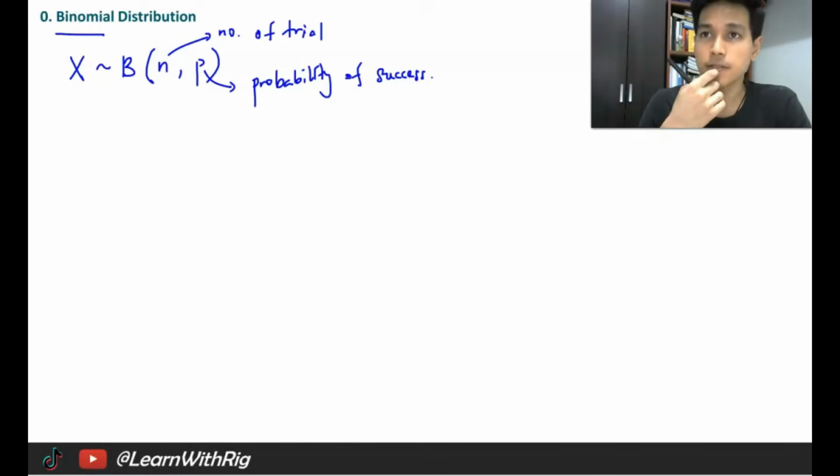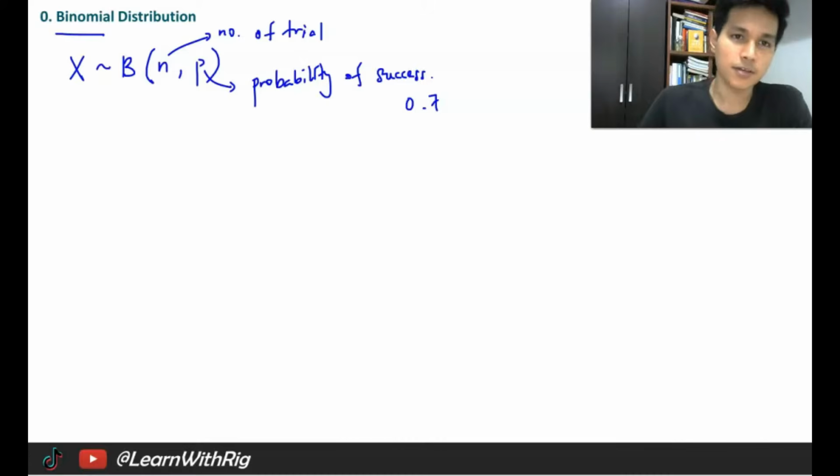Let's say based on probability 70% get A. So the probability of success is 0.7, because 70% means 0.7, right? That means whatever you're looking for, let's say you want to find how many people get A, and if the probability is 0.7, that means your probability of success is 0.7. Never mind if you don't understand what I'm saying right now. We'll go through the examples later and I guarantee you will understand everything.